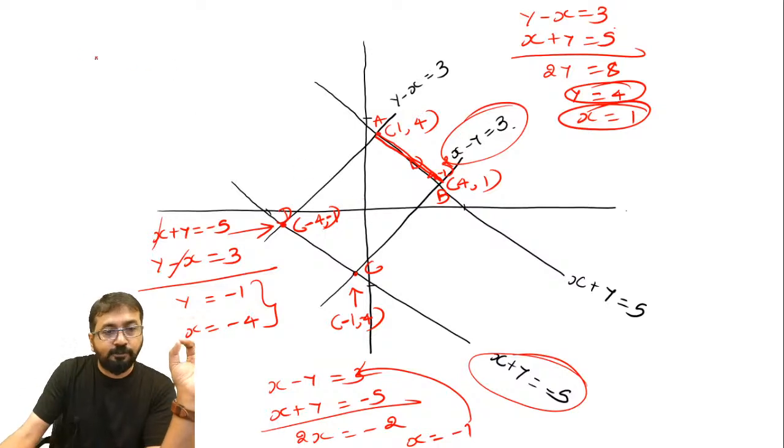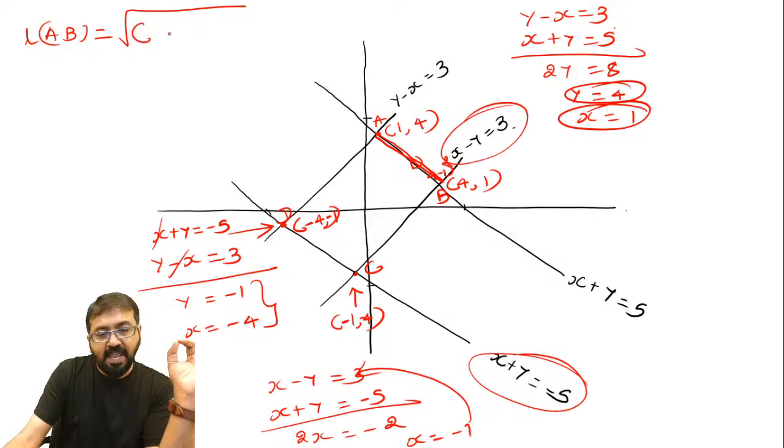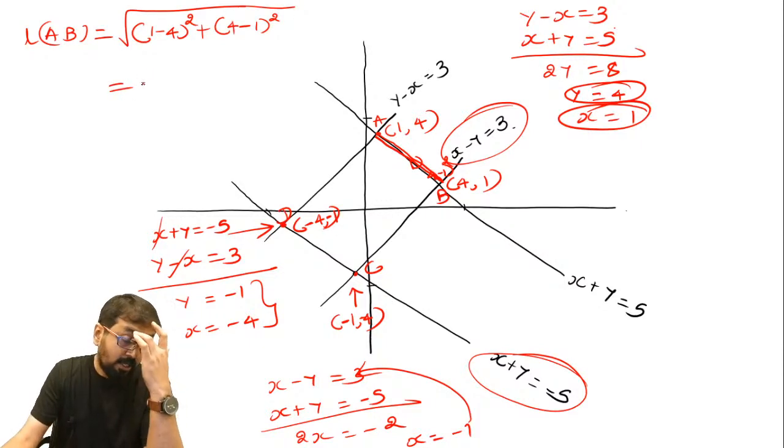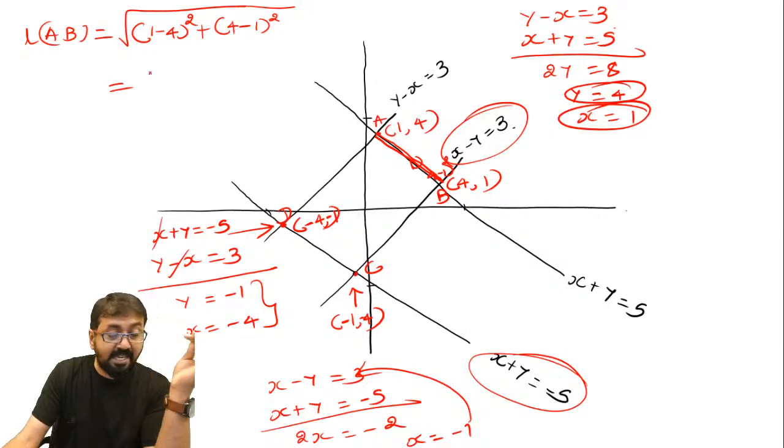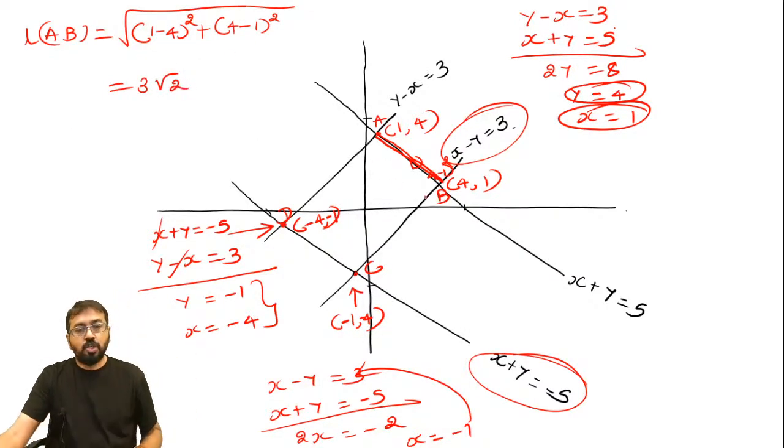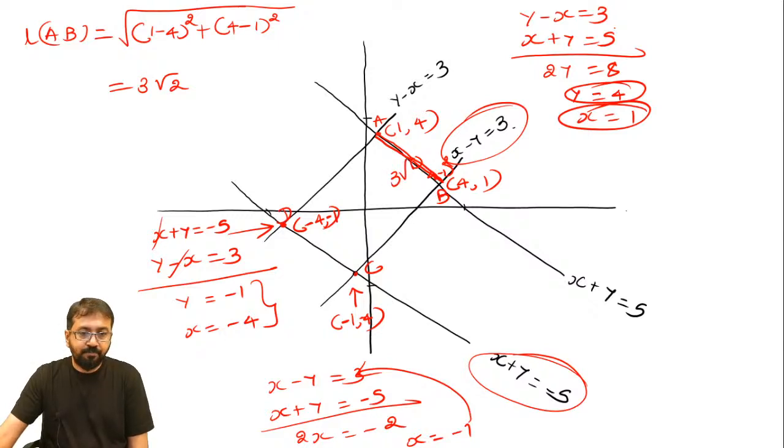So length of AB is equal to under root of difference of x coordinates, that is 1 minus 4 square, plus square of y coordinate difference. So if you solve this thing, it will come out to be 9 plus 9, 18, that is 3 root 2, correct? So this length is 3 root 2. So definitely this one is also 3 root 2.